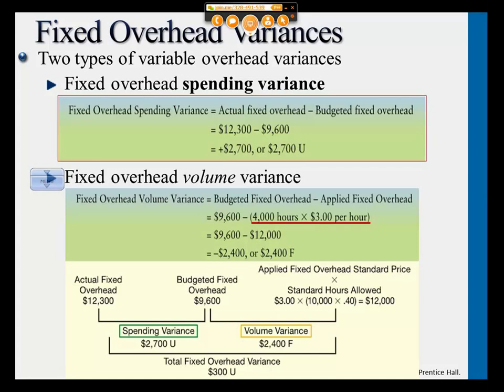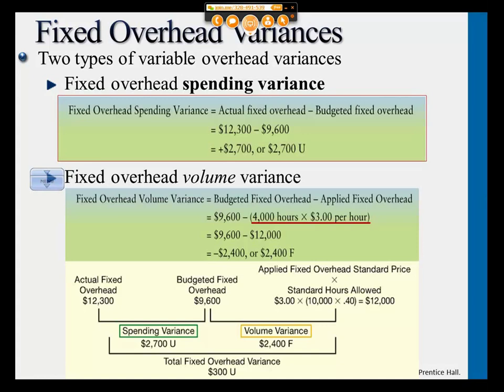Our fixed overhead spending variance is the actual fixed overhead less budgeted fixed overhead, okay? So actual minus budgeted fixed overhead. Very simple, one column minus the other. So we just looked at how we calculate 12,300 minus 9,600. We got 2,700, which was unfavorable, because our actual fixed overhead was higher than the budgeted, right?